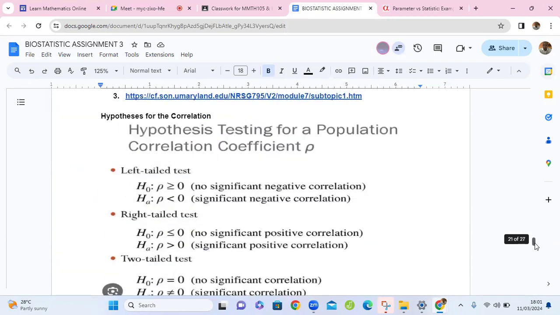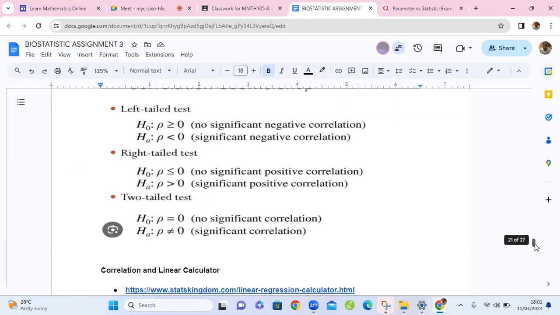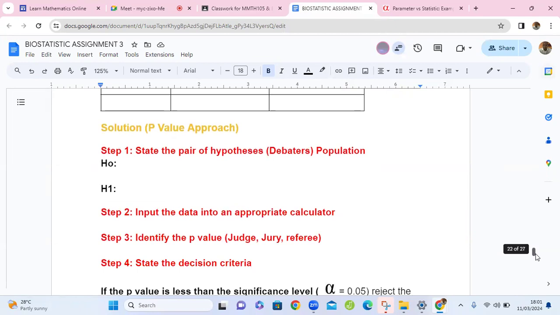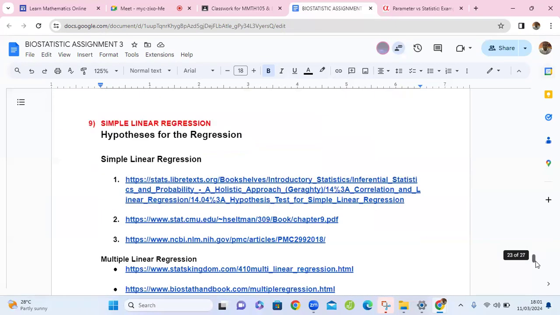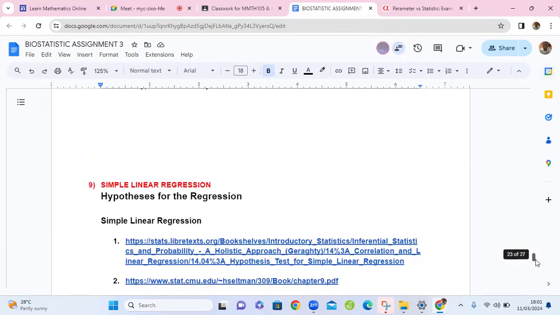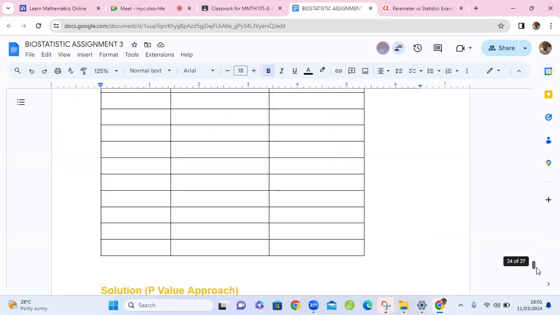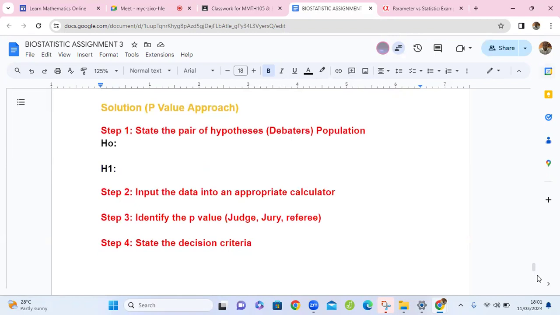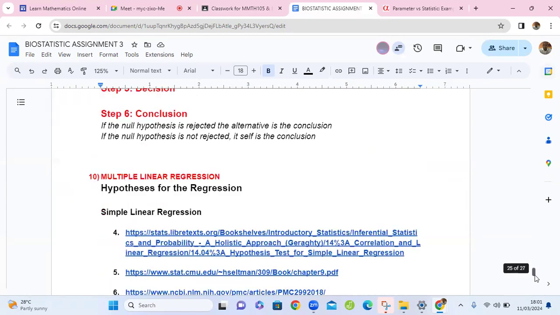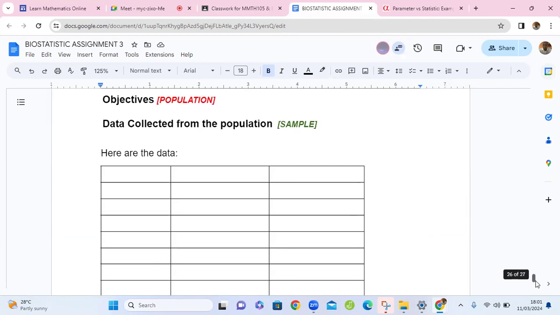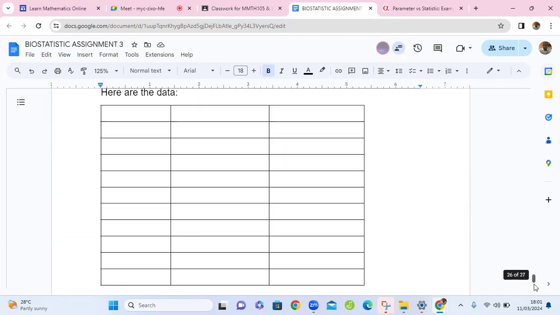Correlation is like a parametric test because it involves the correlation between two variables. And simple linear regression, also a parametric test because it deals with parameters of a population.